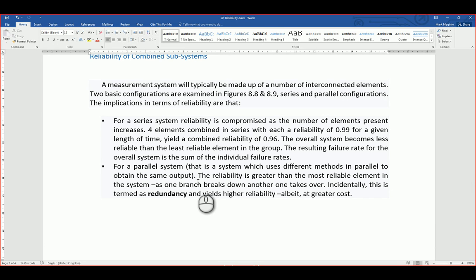So for instance, if we take the example of the thermometer again, say the signal processing element from the measurement system, it's not viable financially to develop a more reliable version, but what would be more sensible for the company would be to take the same one they do have that isn't as reliable and put it in parallel with the same one, which then increases the reliability of the system using redundancy.